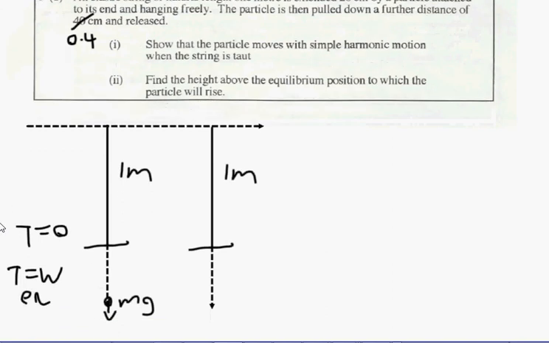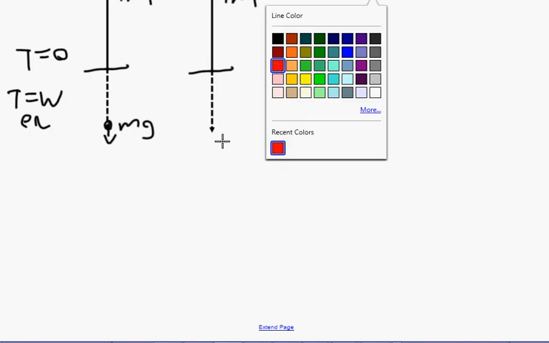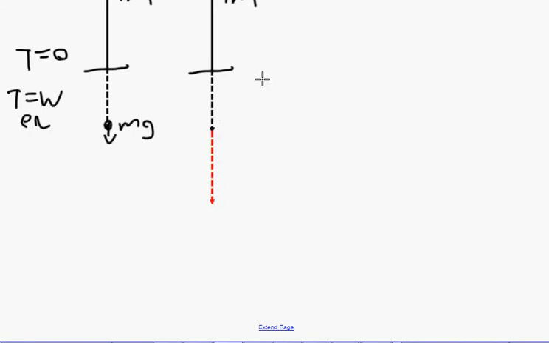The particle is then pulled down a further 0.4, okay? So it'll be this one here, we'll just colour it in red. So a further 0.4 down to here, and now mg is down here. Now what we're going to do is find the equilibrium position, okay?